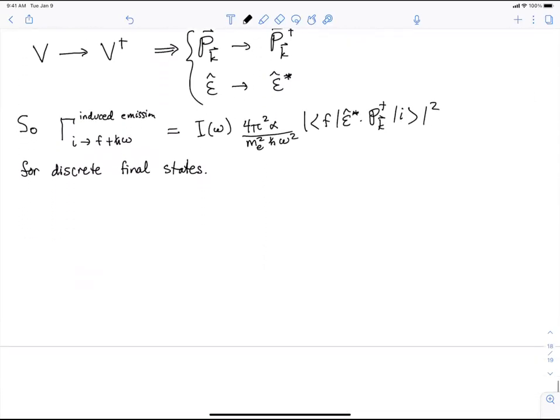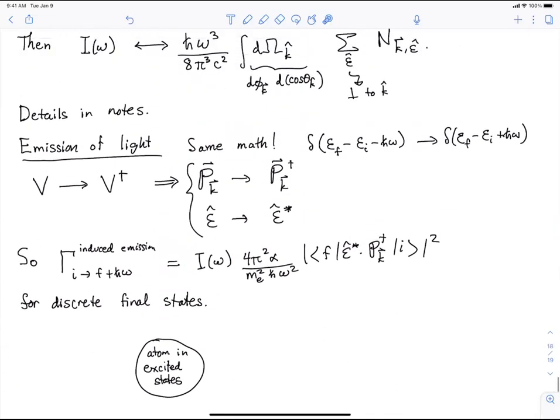Okay, so a picture of what's going on here is, let me just draw a circle and say my circle here represents an atom in an excited state. And then the thing that I'm computing here depends on how many photons there are present. In fact, it's proportional to the number of photons that are present.